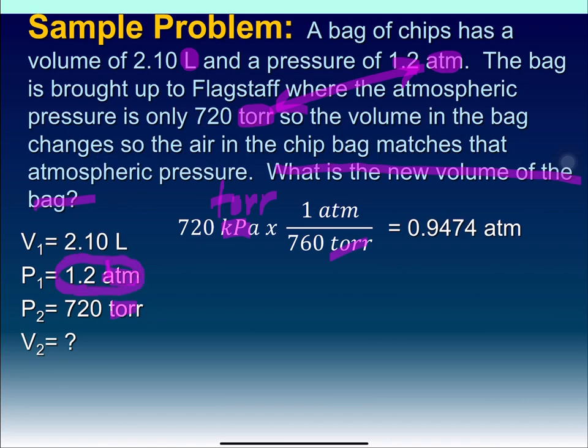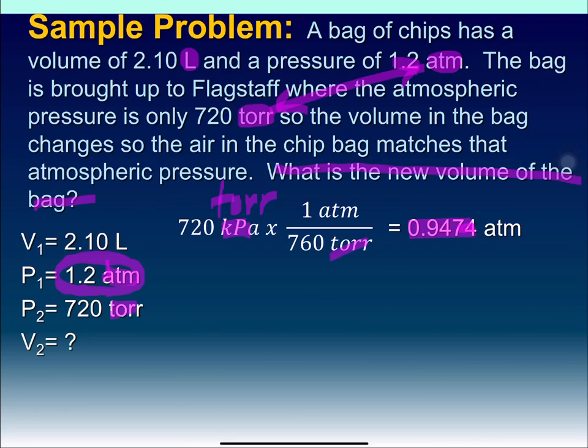So I'm going to eventually round my answer to 2 sig figs. So what I did here is I rounded this to 2 extra sig figs, to 4 sig figs, because I don't want to round and round again. Right, so I have my pressure in ATMs.